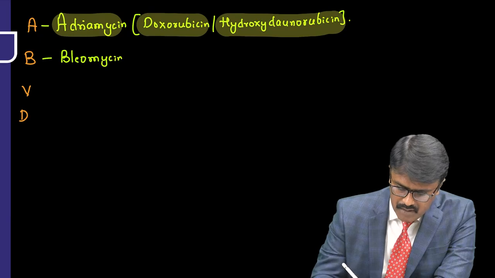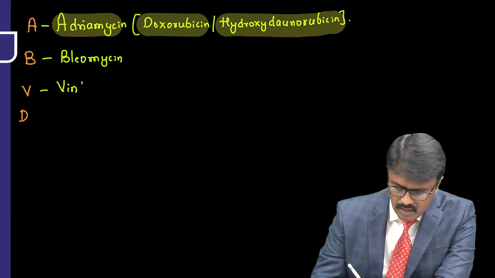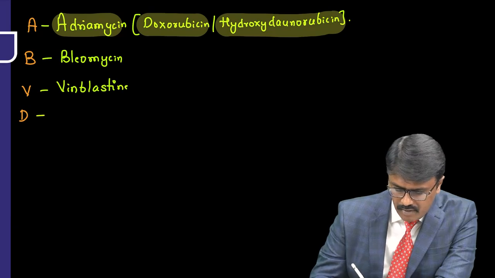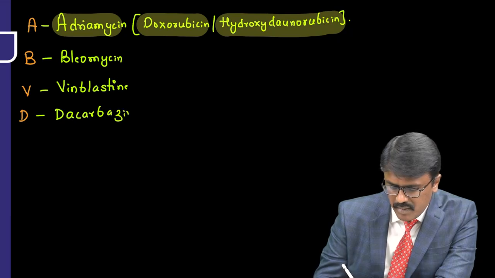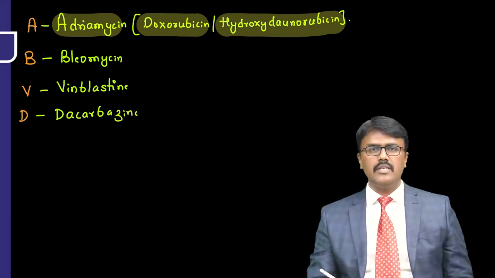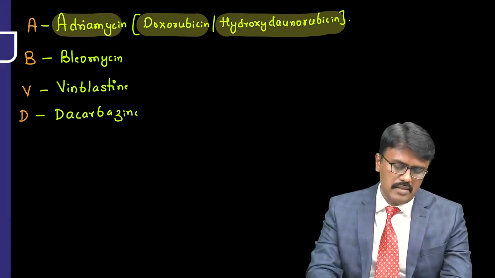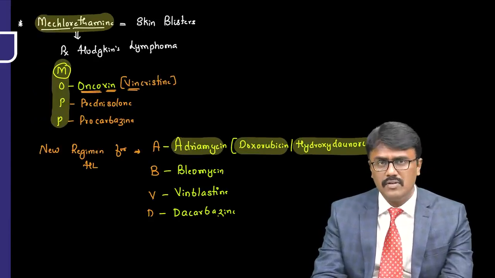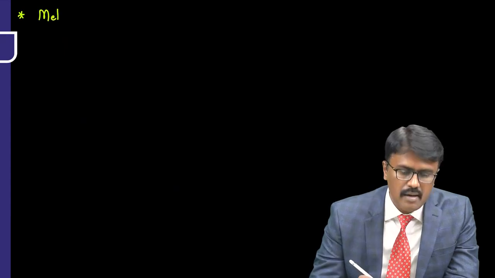And remember here V is not vincristine, it is vinblastine. And D for dacarbazine. I think you have studied that in pathology also, the regimens for Hodgkin's lymphoma. So that is about the first anti-cancer drug that was used, mechlorethamine, but because of adverse effects we are not using it nowadays.